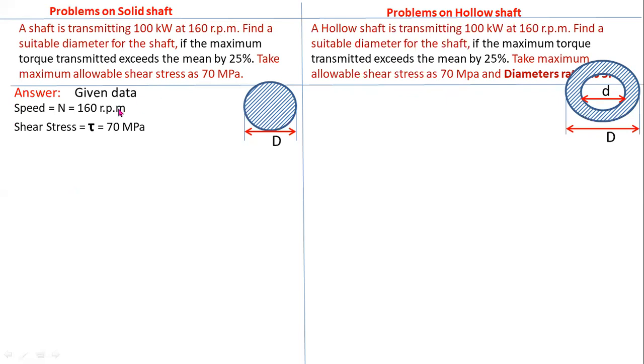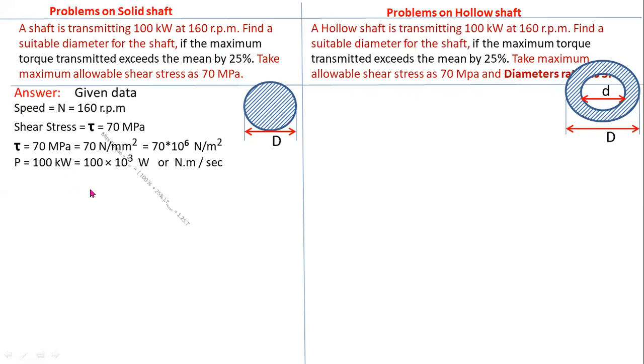Speed of the shaft N equal to 160 rpm, tau equal to 70 megapascal, and power P equal to 100 kilowatts. Same as the previous problem, but here you have to consider the maximum torque. Here the maximum torque is 25% greater than the mean torque. That means you have to consider 25% extra torque.